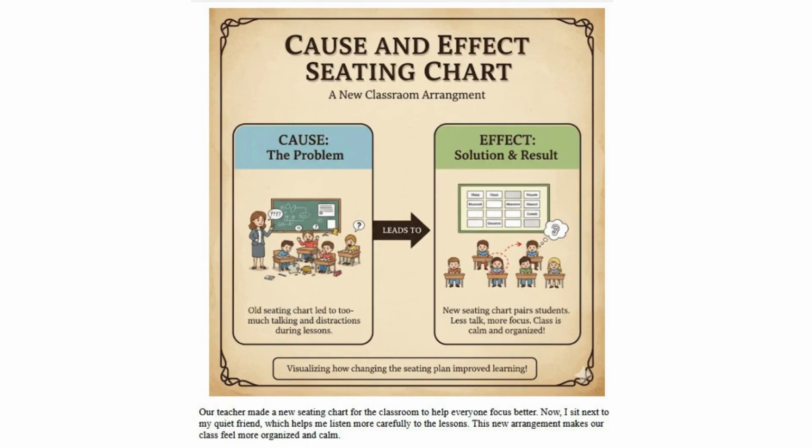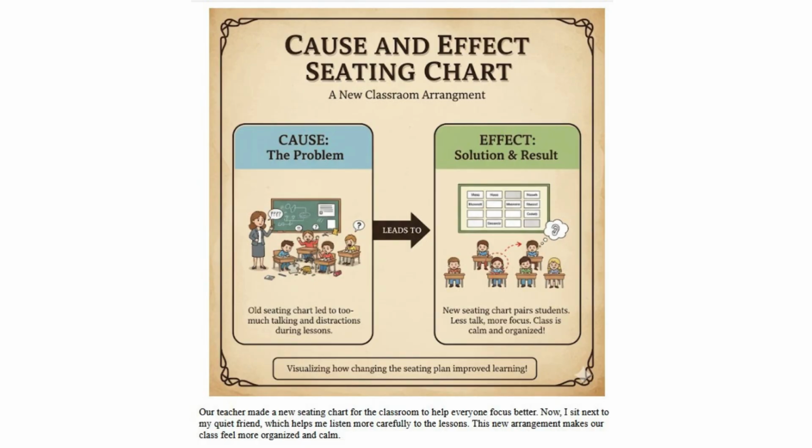Imagine you're reading a new seating chart. A simple diagram might show where each student sits if the teacher explains that certain students are seated together because they talk too much, and now they are quieter, the effect. The visual chart makes it easier to see the new arrangement and understand the reason behind it.